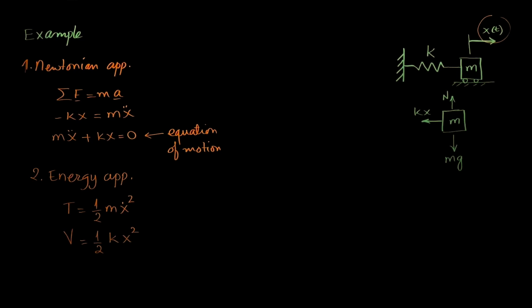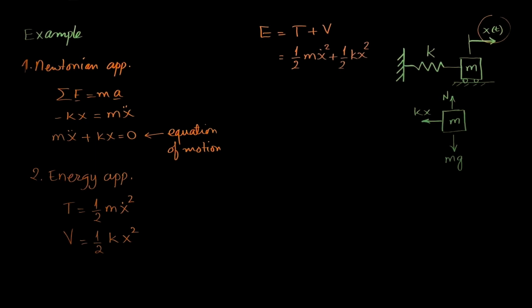So now the total energy of the system E, which is T plus V, is 1/2 m x dot squared plus 1/2 kx squared.